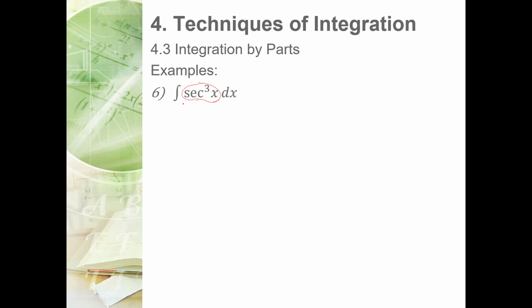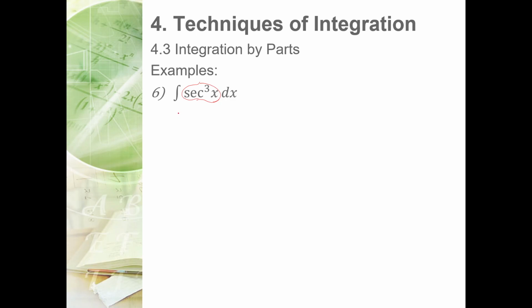So what I mean by that is that you're going to have, let's say, secant squared times secant x. You always dissect it into two different factors, which if you multiply back, it's just equivalent to secant cubed x. Okay, sorry.